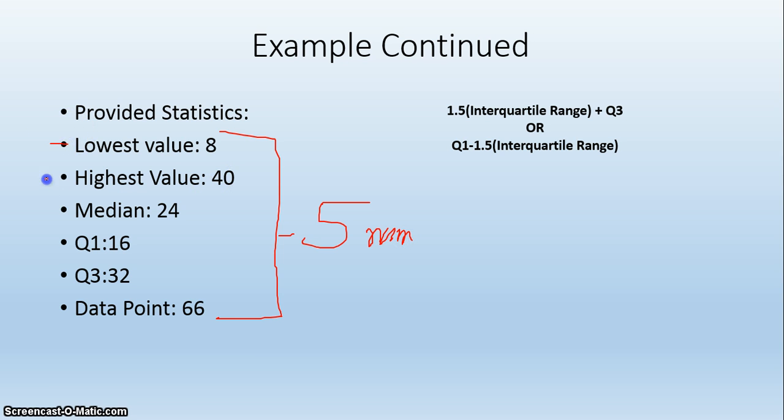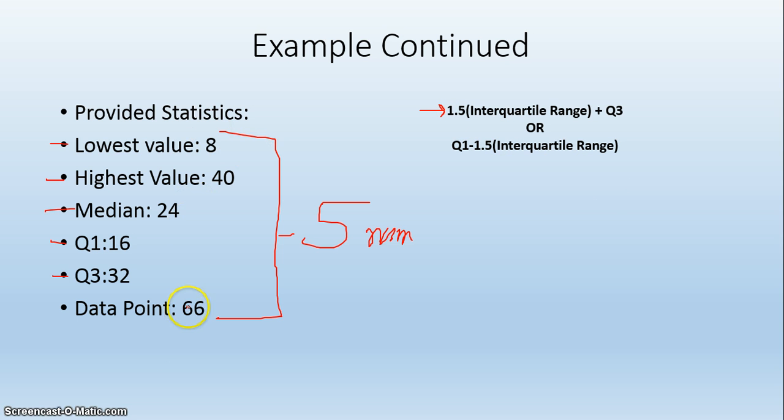These 5 statistics right here are a 5-number summary, and usually they'll just give you these along with the data point, and they'll just tell you, determine if this data point is an outlier.